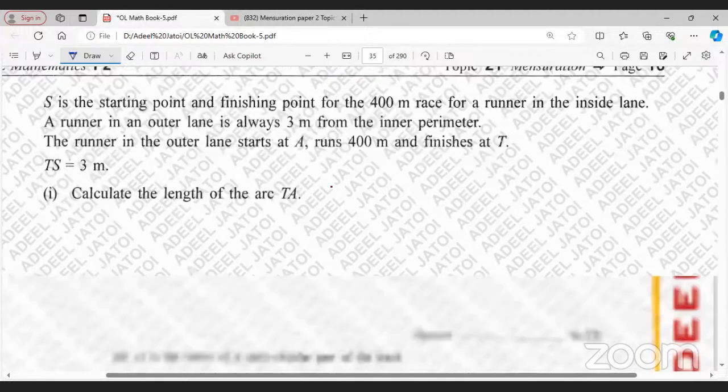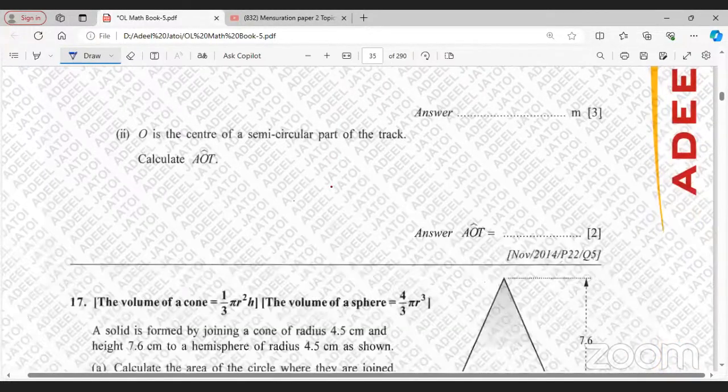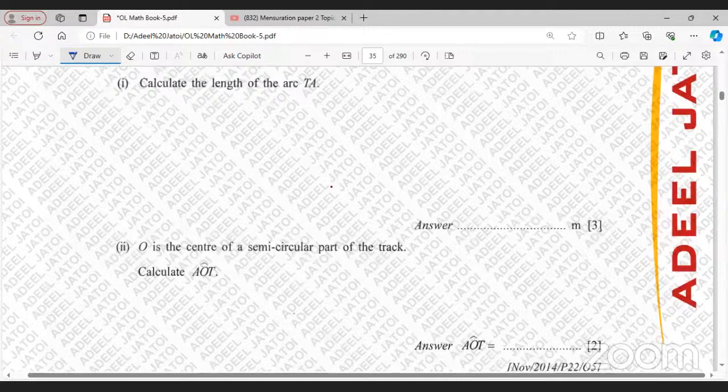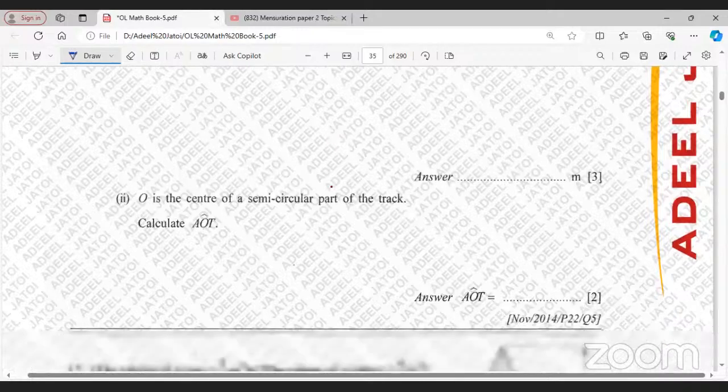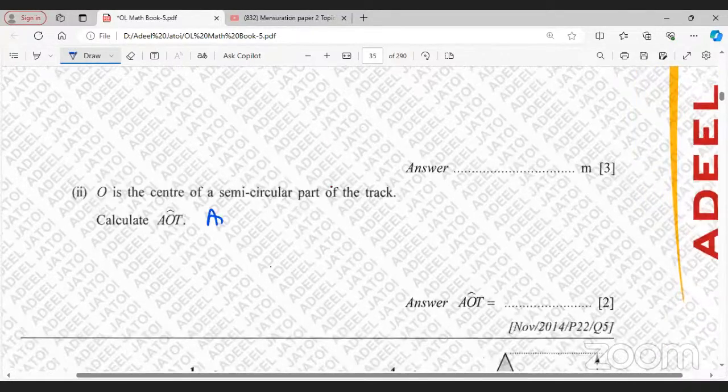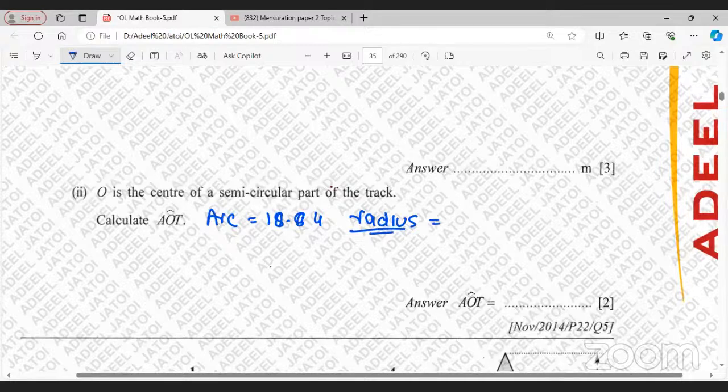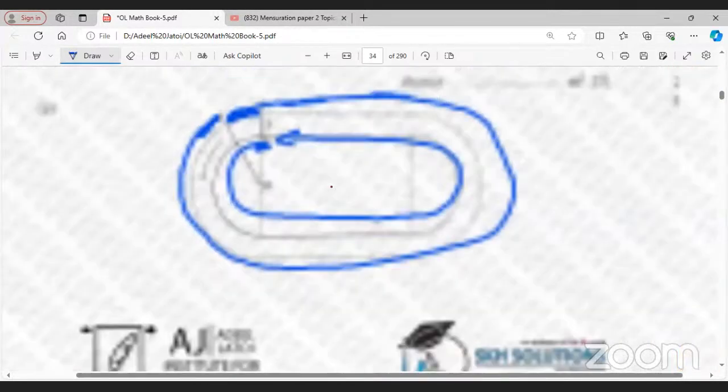Considering this point, now what we need to have is: O is the center of the semicircle part of the track. Fine. Calculate AOT. Now, since we know that the arc was 18.84, and the radius of the outer sector, adding 3, was 34.83, right? This was 31.83 plus 3, which becomes 34.83. So this is your sector.